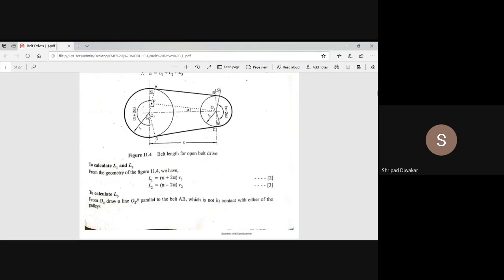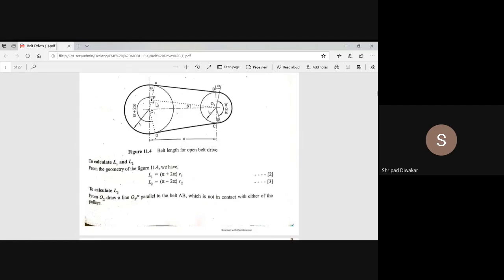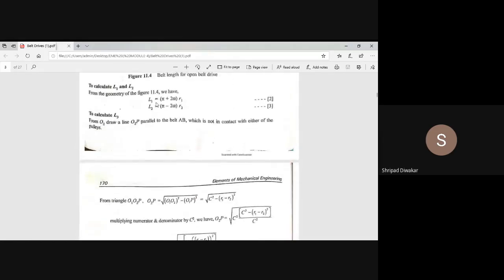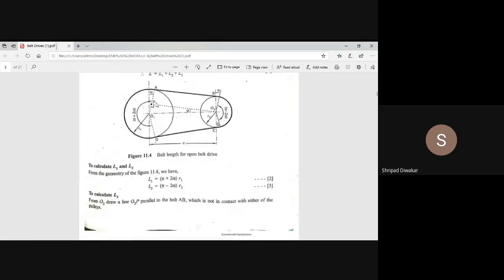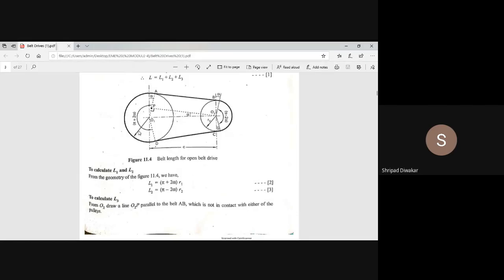And how about O1P? You see, O1P is from here to here, it is your R1, and AP is nothing but your R2. You remember. So the distance O1P is R1 minus R2.